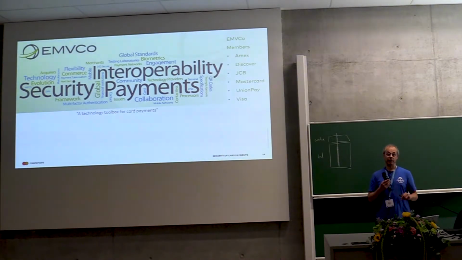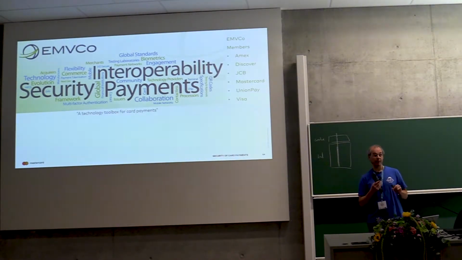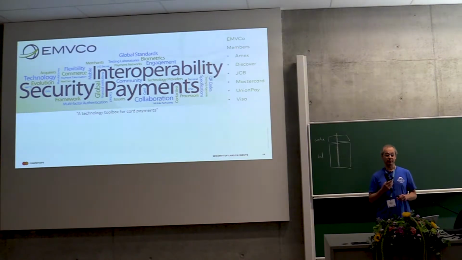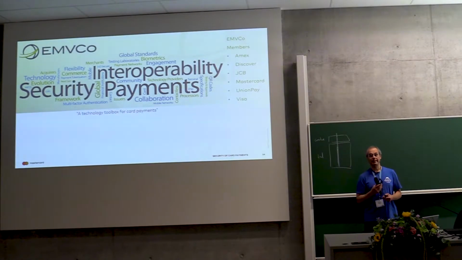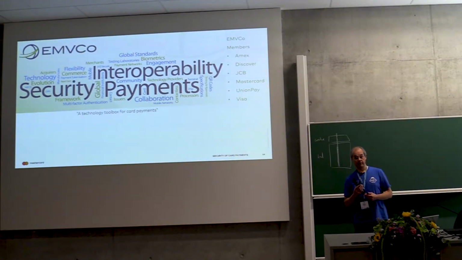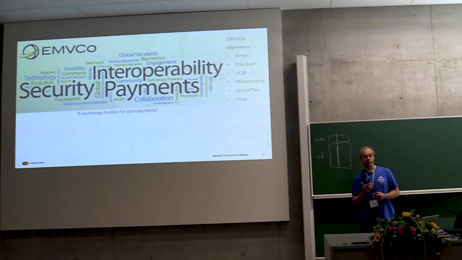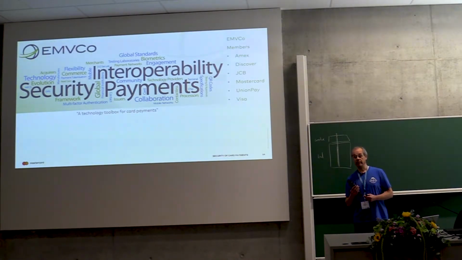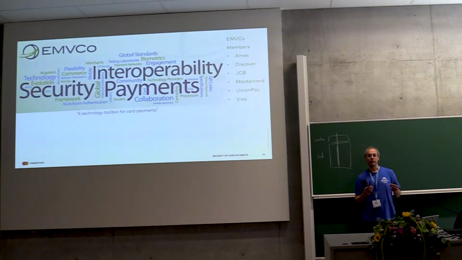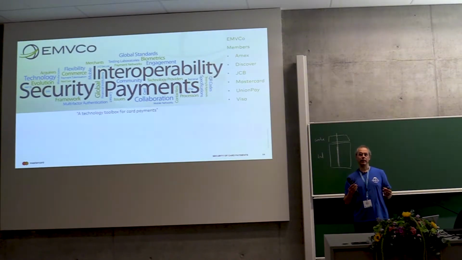Before explaining how the cryptography works, I'll just give you a little overview of what EMV Co. does. So EMV actually stands for Europay, Mastercard and Visa. But Europay, which I actually worked for many years ago, became part of Mastercard. In any way, it was kind of like Mastercard in Europe in some sense.